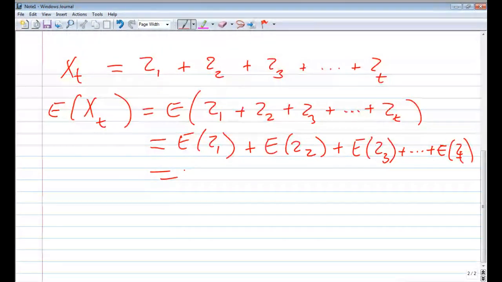Who can tell me what is the expected value of Z1? According to that condition, Zt has a white noise with mean 0 and variance sigma squared. Expected value of Z1? It's 0. I was right. 0. Okay, expected value of Z2?